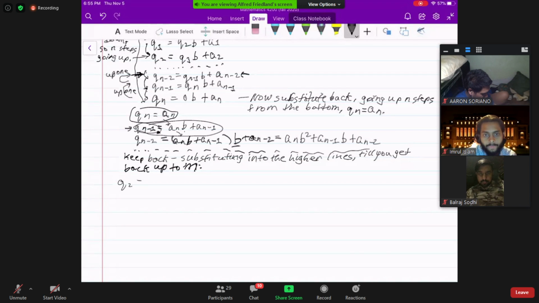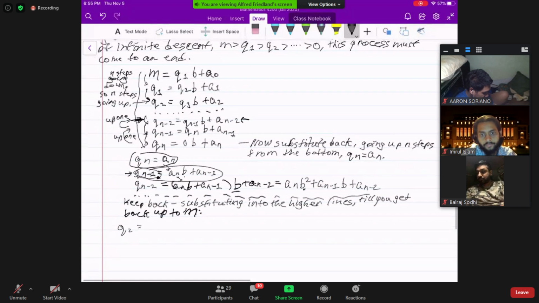Q sub 2. Okay, so all these, look at the pattern, they all start with A sub n B, A sub n B squared. So this will take us back to, we're almost at the top here. So going back up, there are n steps. There are n steps going up.